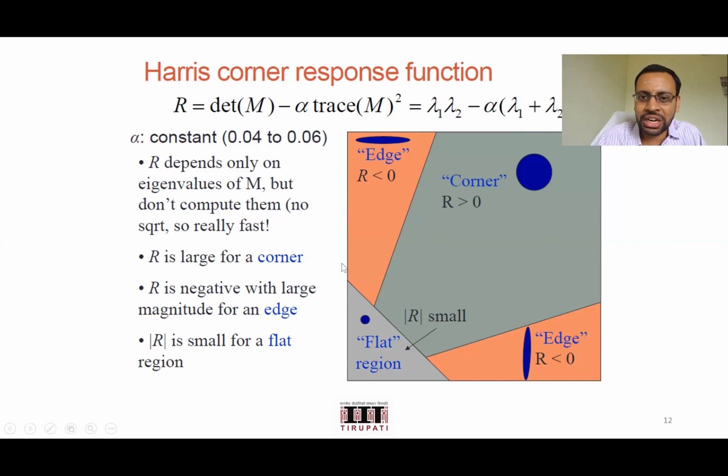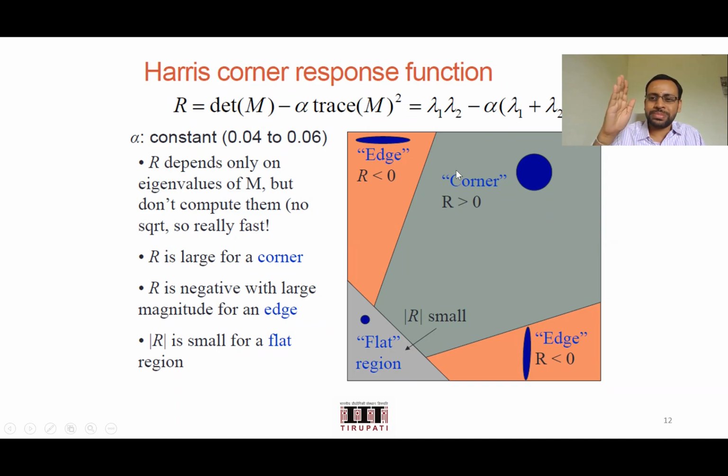But a large positive value is what you would be getting when both lambda 1 and lambda 2 are high. Let's say this is some 100, you take it. Both are 100, so 100 into 100 is 100 square, 10,000. Minus from that, this is, let's say, 200. 4% of 200, when you are subtracting from 10,000, that would be a very large positive value.